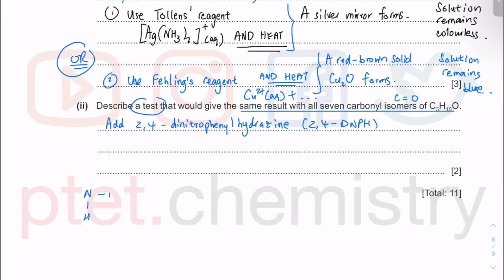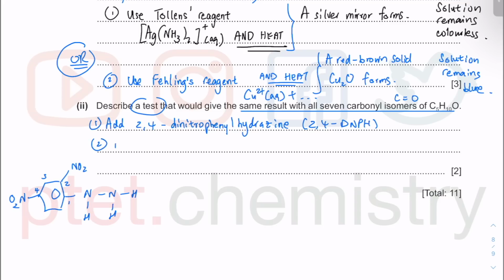Well, hydrazine is NH2NH2. They use it as a rocket fuel. I'm going to remove one of the hydrogens and replace it with a benzene ring. And then I have an NO2 at position 2 and also at position 4. So that is 2,4-dinitrophenylhydrazine. That is the test.